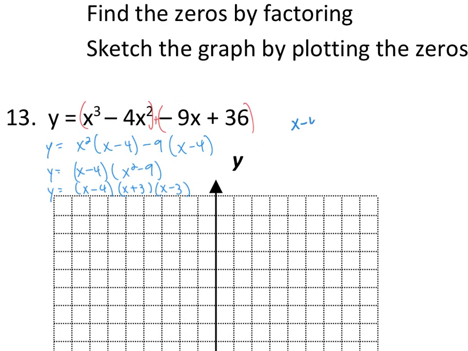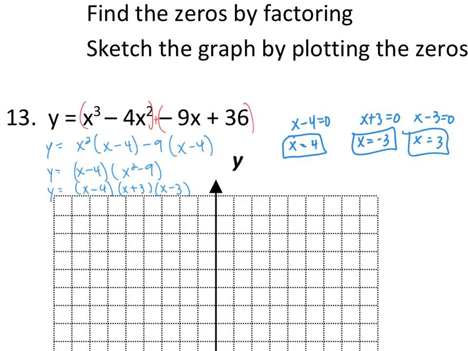So we have x minus 4 equals 0, x plus 3 equals 0, and x minus 3 equals 0. If we solve this first one, we get x equals 4. Subtract 3, we get x equals negative 3. And add 3, we get x equals positive 3.